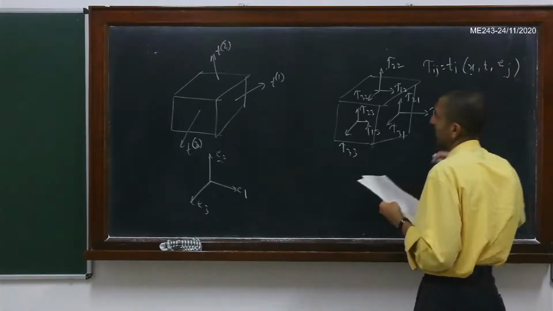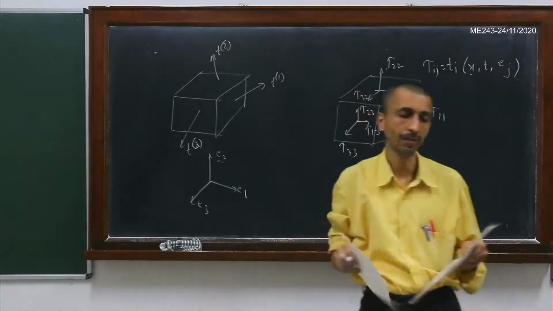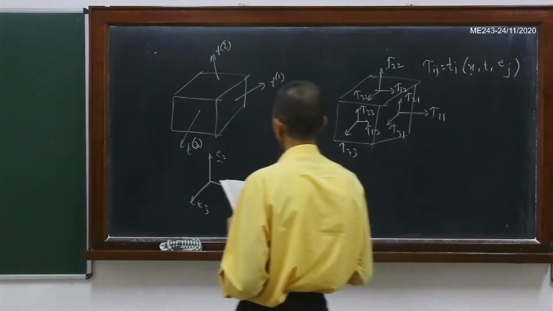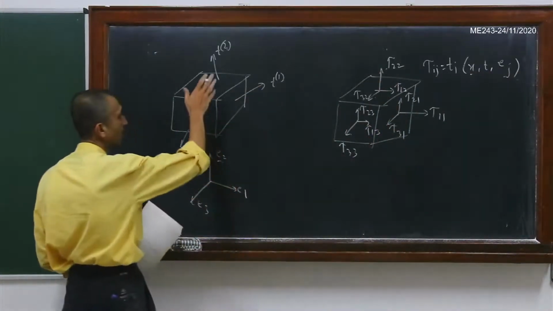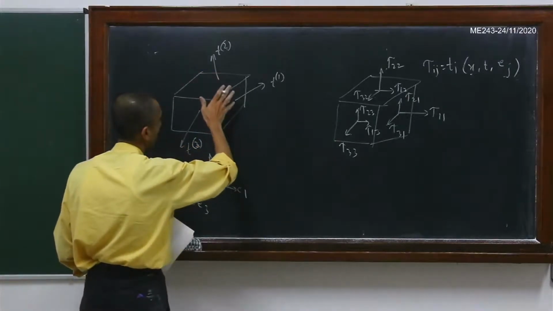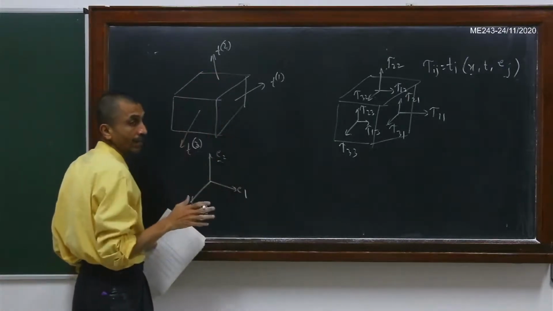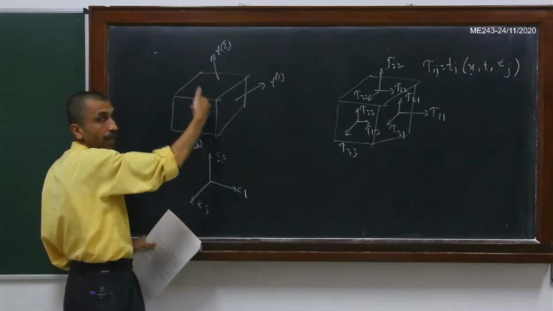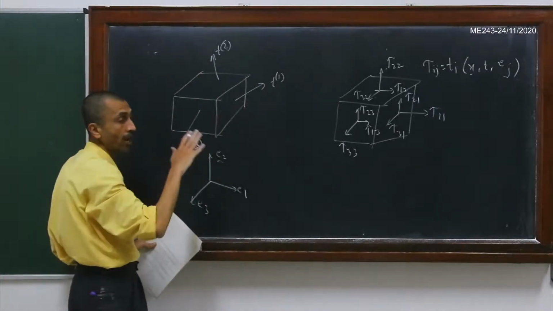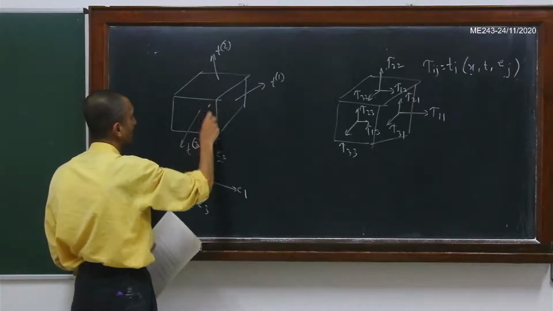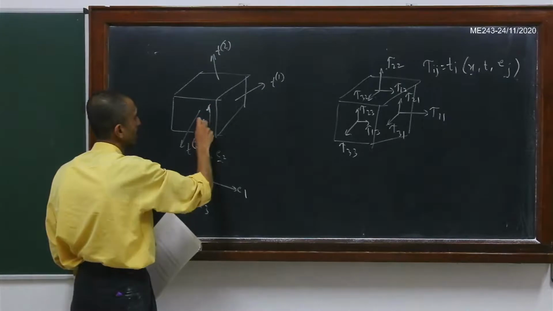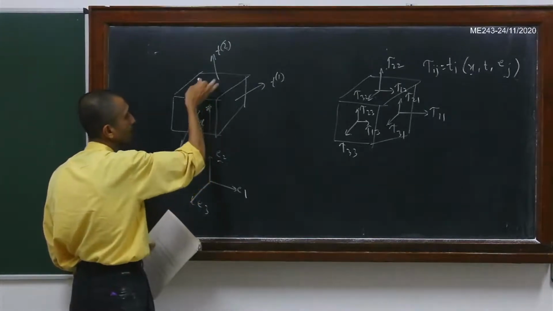Now let us try to give a physical interpretation of the stress tensor components here. Although I am drawing a block here, this actually is just a device. This is actually just three planes that are passing through the same point. The position vector of this with respect to this coordinate system, let us call it x.